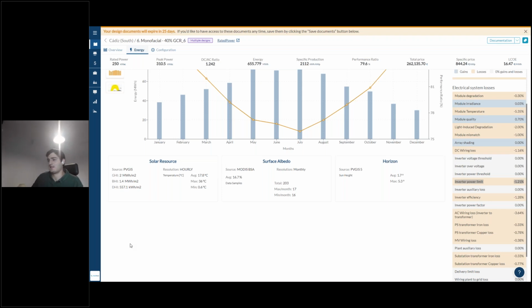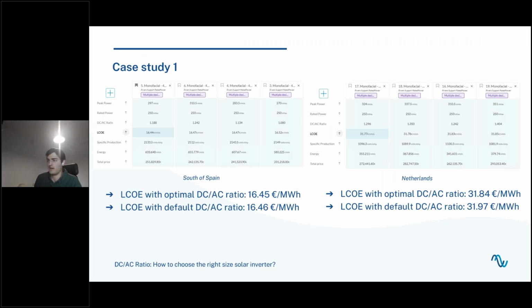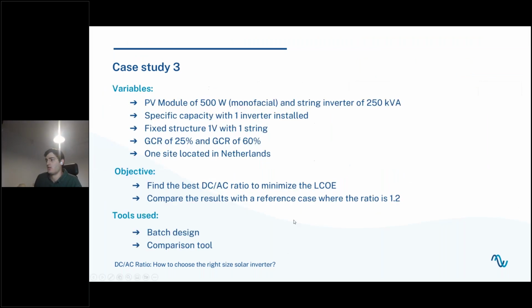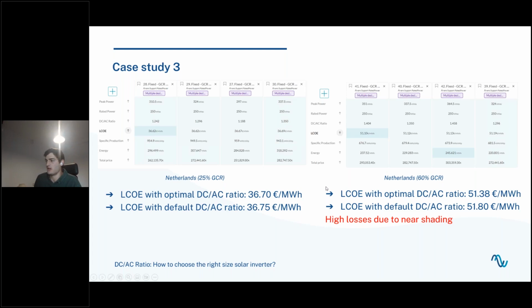Each site has its own meteorological data, conditions, topographical data, and distances, and for each one of those we will have to do a deep evaluation of what the best DC-AC ratio is. The normally considered DC-AC ratio in the industry is 1.2, but as we have seen, if we go deeper with the evaluation, we can find some cases in which the decrease in the LCOE is very high, and we will be saving a lot of money.